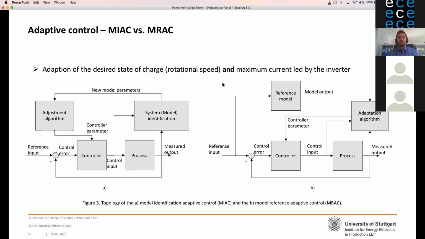It uses a system identification, so it only takes measurements in order to define a model of the system and then adjusts the controller to control the process. On the other hand, you can use theoretical advances in differential equations, for example, and build a reference model, just theoretically. Then the controller is adapted according to the reference model. So it's kind of a white box model of the system.